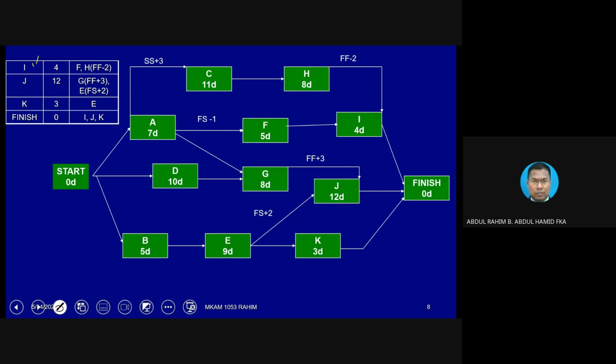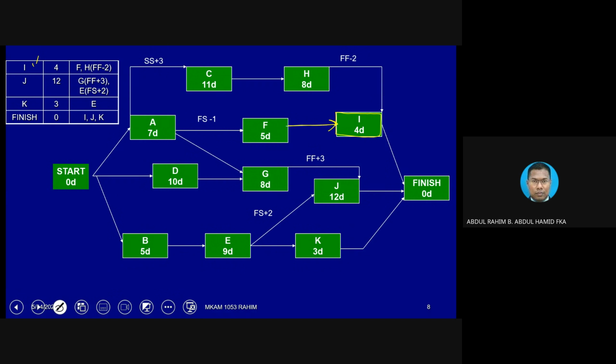I is connected from F and H. So we already have H, and then we already have around here. So just draw one box, but then use a proper arrow diagram, arrow relationship in order to indicate from the previous activity, F and H.